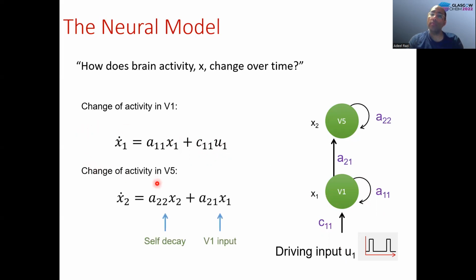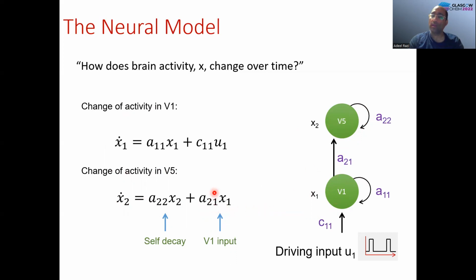And then we want to see what is the change in activity in region 2, which is V5. The same way that you wrote the first equation, you can now write down this equation as well. So this would be self-connectivity A22 times X2 plus, now you don't have an external input directly entering V5, but you have what was happening in X1 entering into X2.